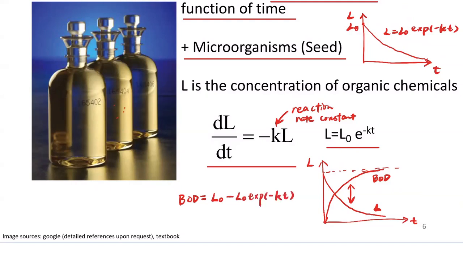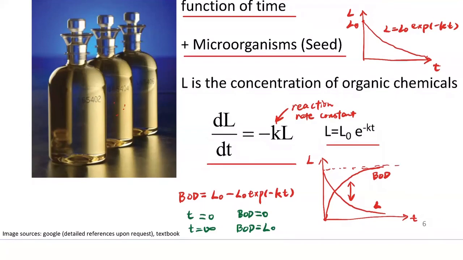You can think about this: when t is equal to 0, then BOD is equal to 0. When t is equal to infinity, then BOD is equal to L0. So the BOD and the organics are complementary to each other. If they add up together, they're equal to the ultimate BOD.